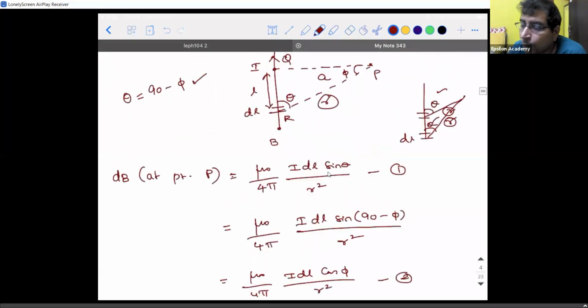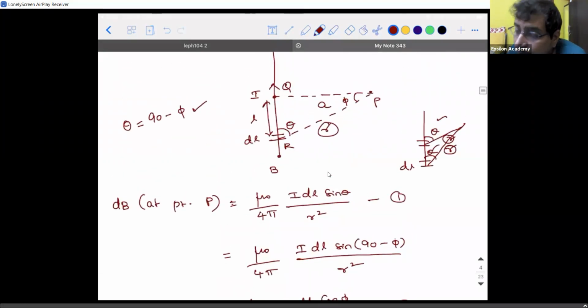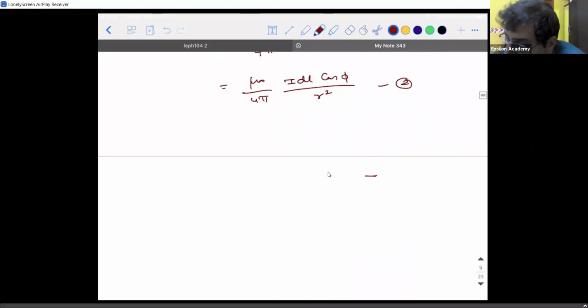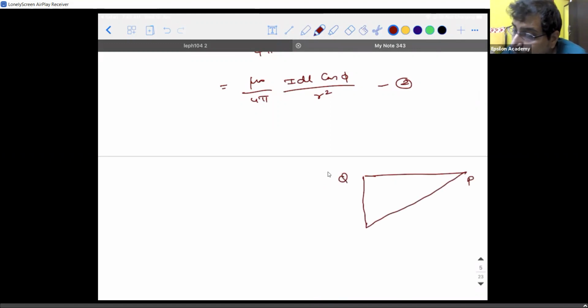Now I'm going to solve the whole thing using a simple right angle triangle PQR. Observe PQR, then this angle is phi, this is A, this is R, and this is L. So what is the fixed distance here?